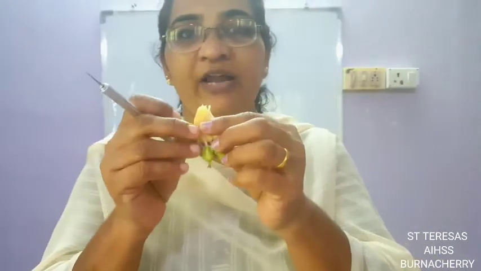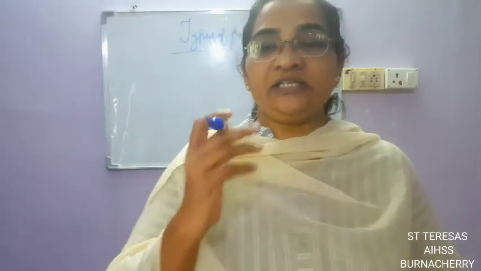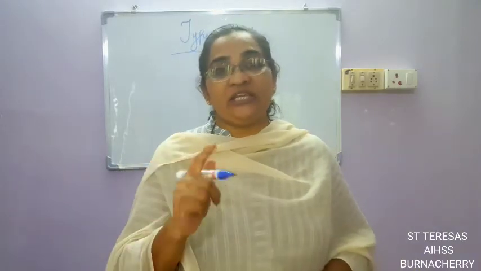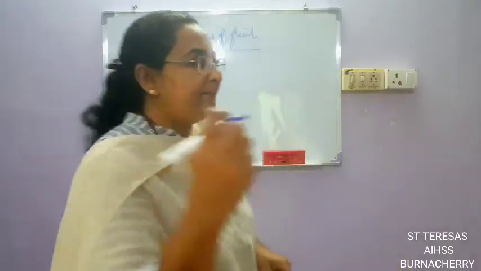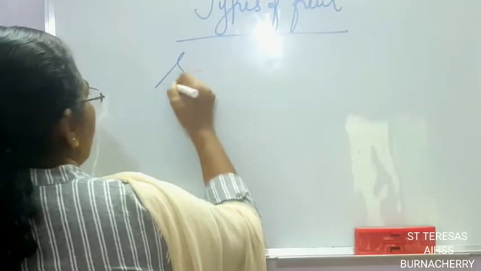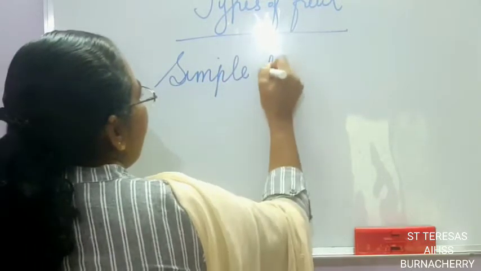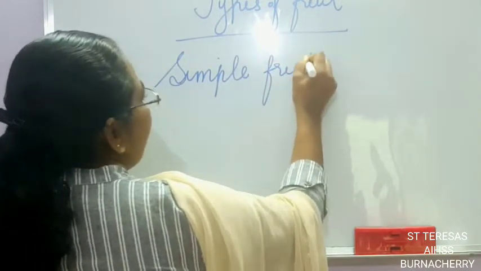So when a flower contains one ovary, and that one ovary changes into one fruit, that is called a simple fruit. What is it called? It is called a simple fruit. So what is a simple fruit?